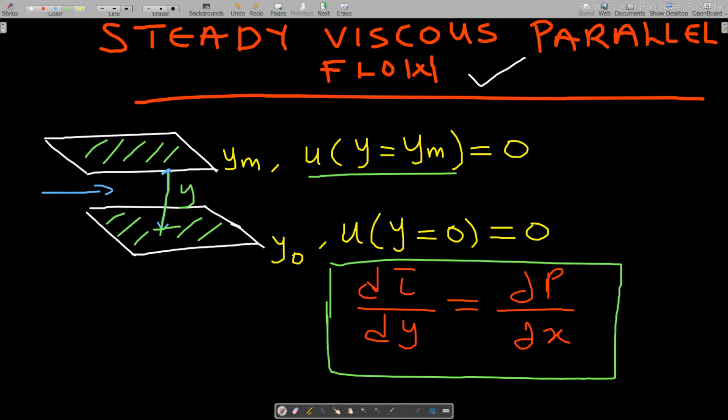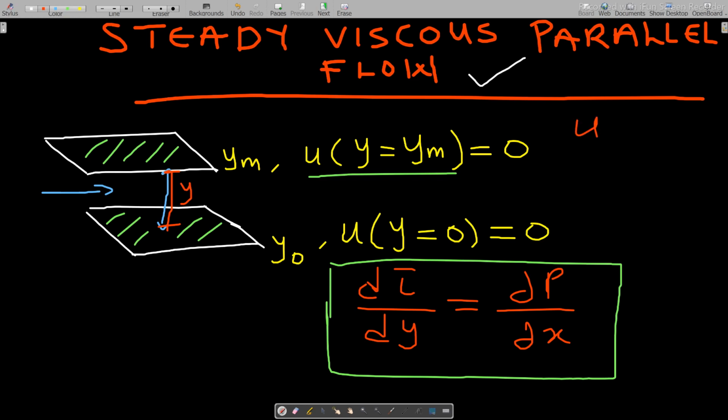Let me use a red pen. From this side to this side, we are calling it y. So it means that the fluid is just moving up and down, just within the vertical lane. All right, so if that is the case, then we are applying a condition here that we call the no slip.